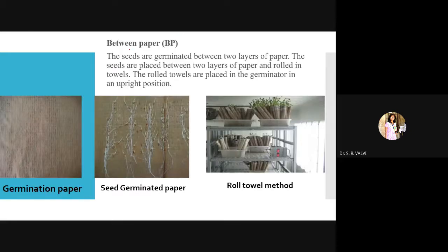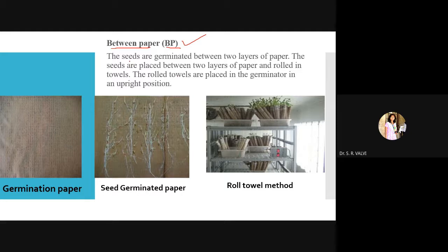Now, between the paper, its short form is BP. Why is this name given? Because you are going to germinate the seeds in two papers, meaning the seeds are in between two papers, and hence the name between the paper.